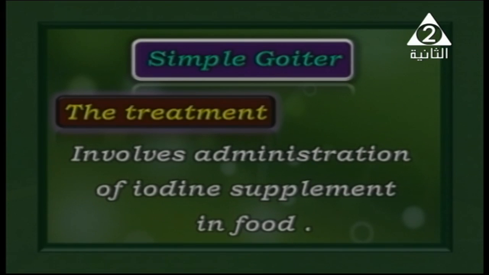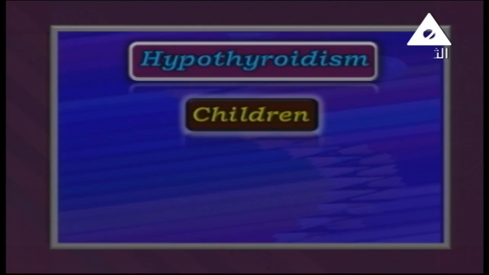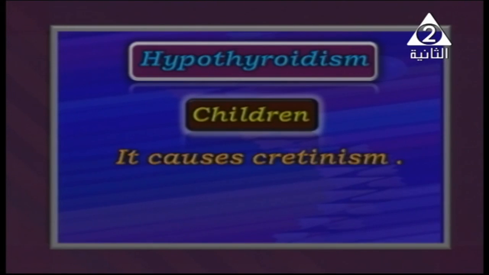Well, hypothyroidism is divided into two parts: in children, as we said, and also in adults. Hypothyroidism in children, number one, causes a disease which is cretinism. Cretinism is characterized by very specific symptoms for the children.